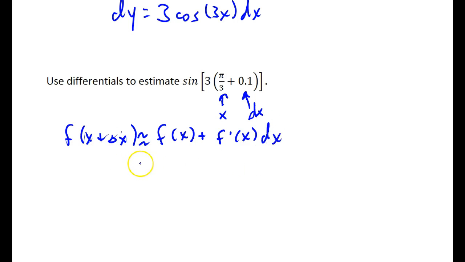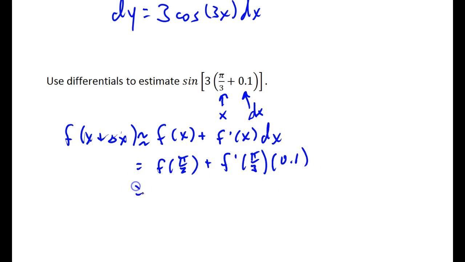That's going to be f of pi over 3 plus f prime of pi over 3 times 0.1. Okay, f of pi over 3 is the sine of 3 times pi over 3.